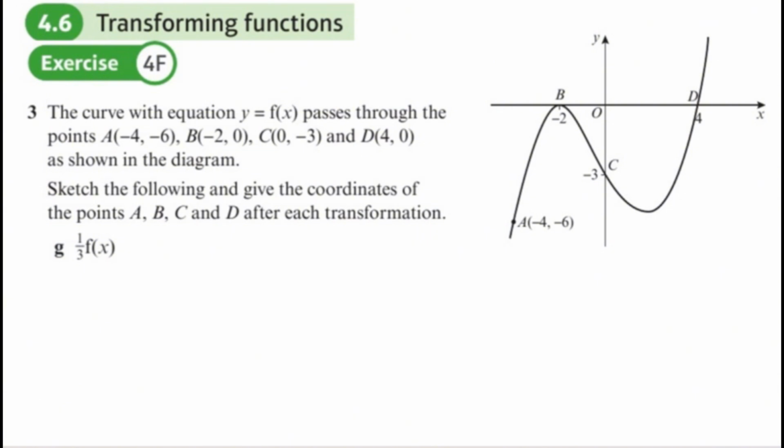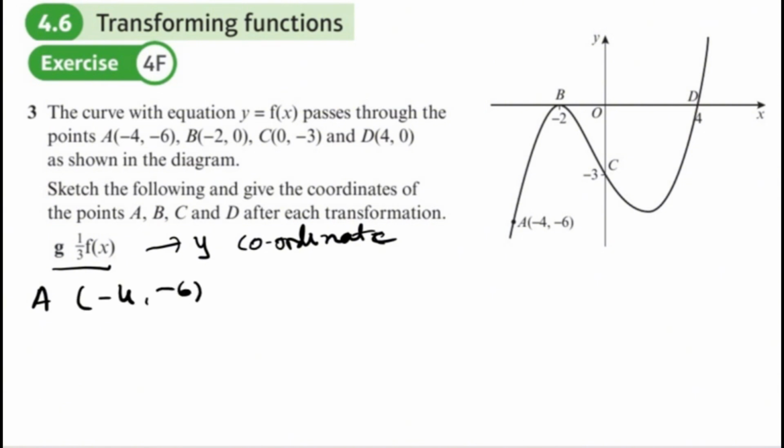So, first we have to write the coordinates after transformation. Because the 1 over 3 is outside the bracket, it will affect the y coordinate, and the y coordinate is divided by 3. So A, minus 4, minus 6, will become minus 4, minus 2, because minus 6 is divided by 3.